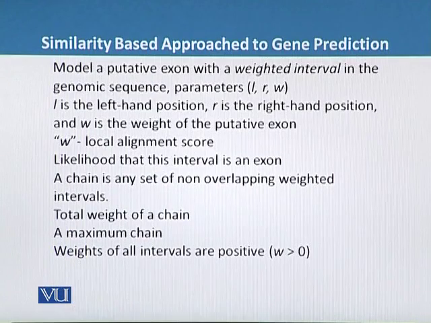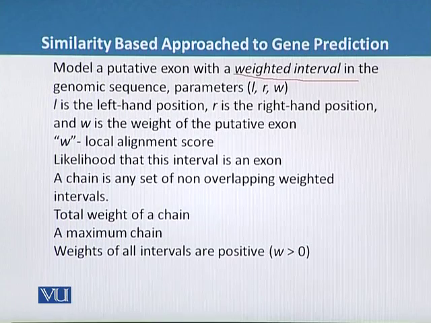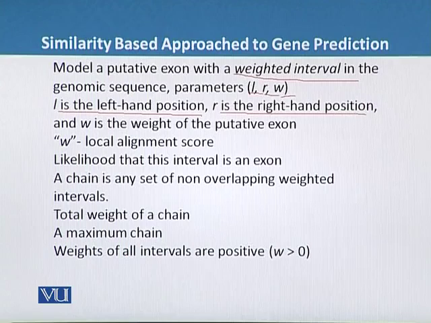So we can model a putative exon with a weighted interval in the genomic sequence, which is described by three parameters: L, R, W. Here L is the left-handed position, R is the right-handed position, and W is the weight of the putative exon, which we have identified by using the brute force approach.